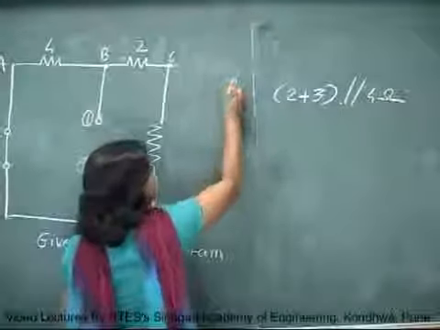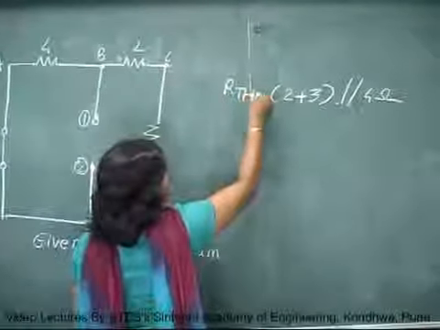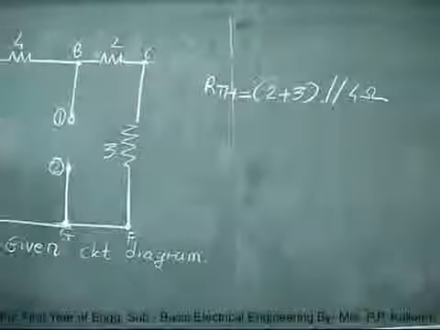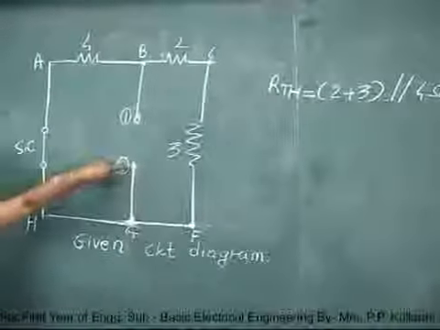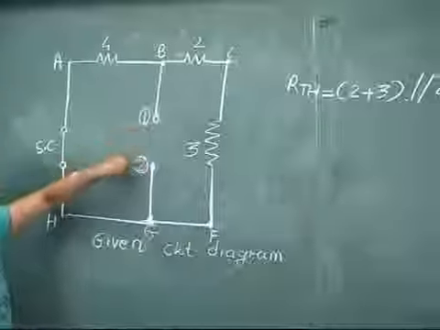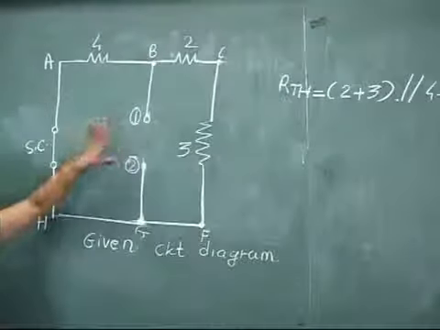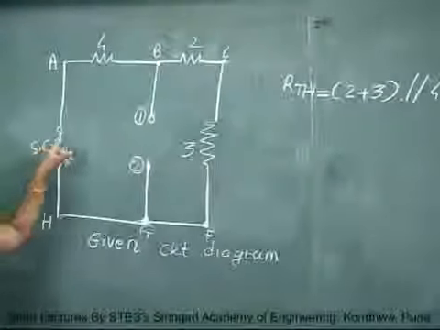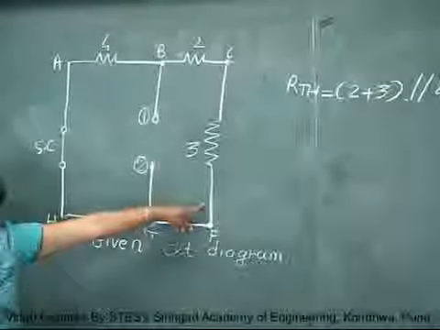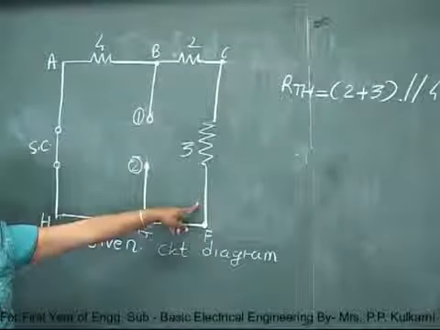Now this resistance is called Thevenin's equivalent resistance of the given network, as viewed through the two terminals from where RL is removed and the voltage and current sources are replaced by their internal resistances.